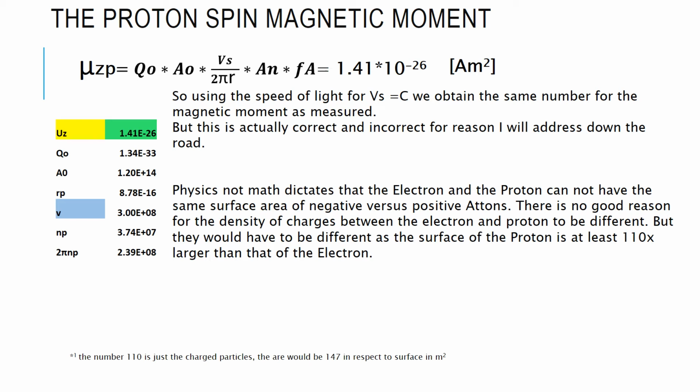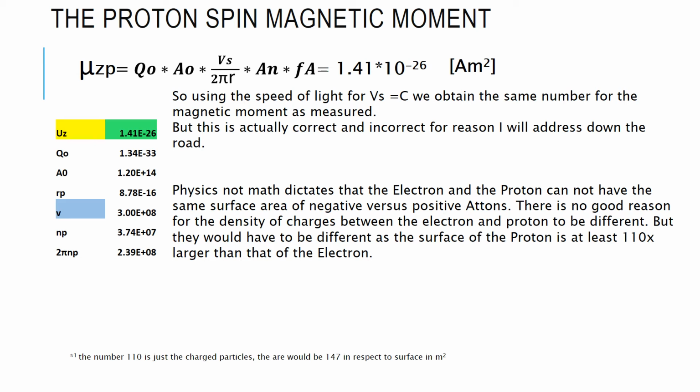And yet I am not convinced that this is the complete answer, but I will later show why this math, even though I don't believe that it's correct in terms of physics, does produce a correct value. Having said that, similar to what Tesla says, it's not math that dictates the world, it's physics.